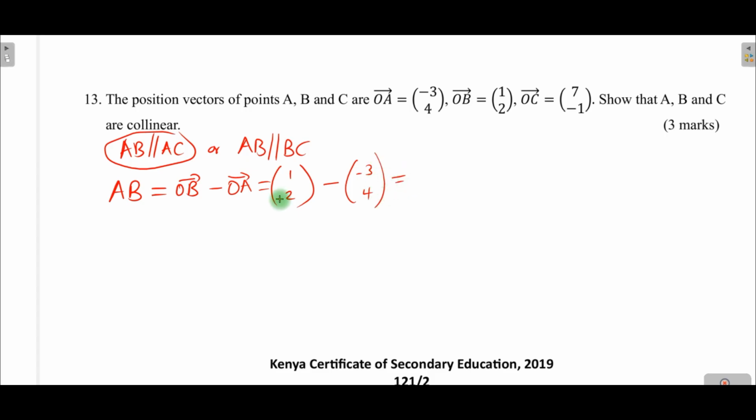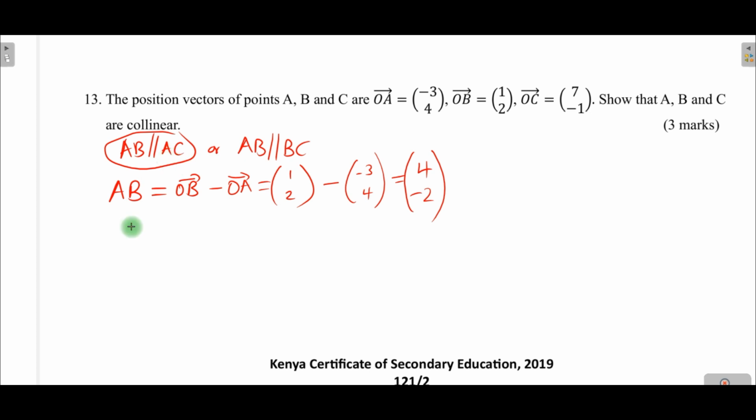We subtract the corresponding elements: 1 minus -3, we get 4. Then 2 minus 4, we get -2.